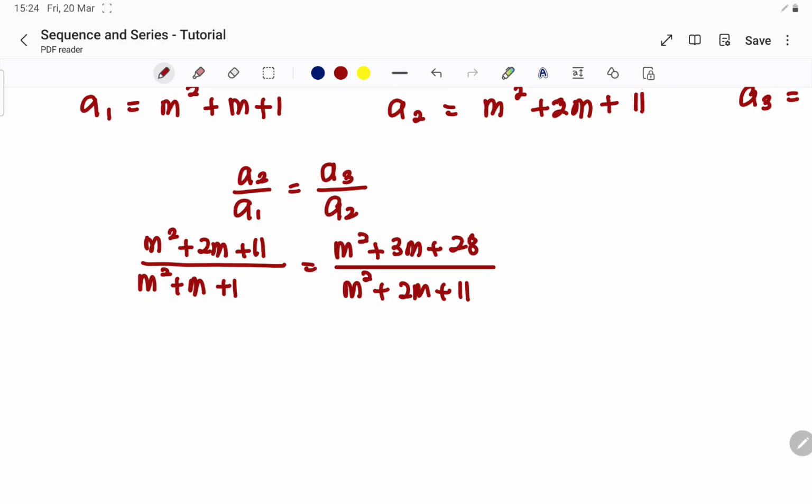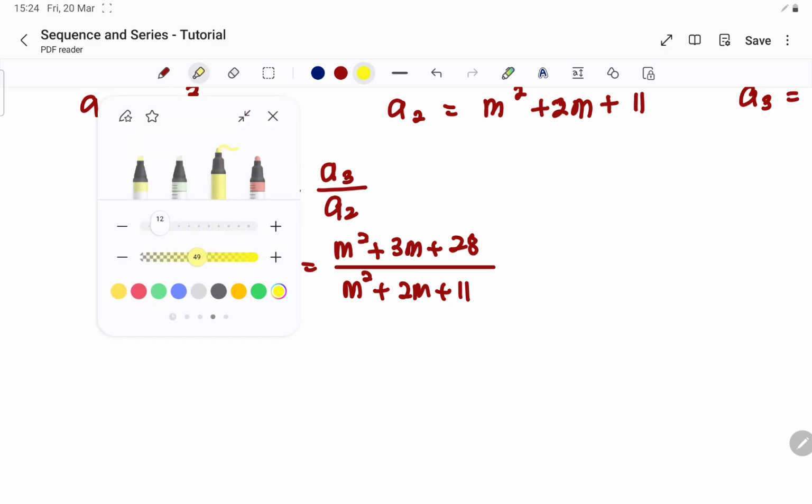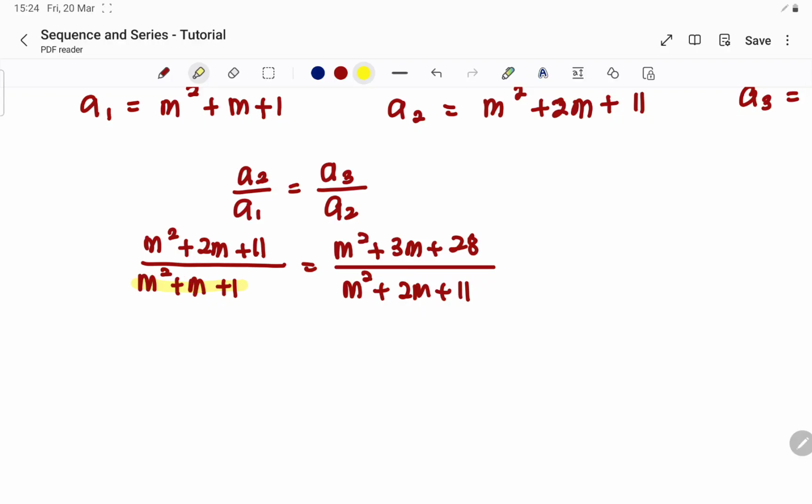So we have to bring this guy and this guy to the right side and the left side.